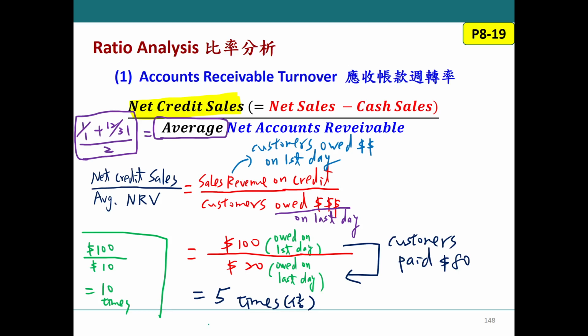Higher means you got more money back, more cash back. Of course, that's better for your company. So for this ratio, higher is better, which means you have a better ability to get cash back.